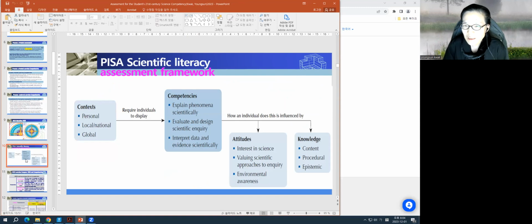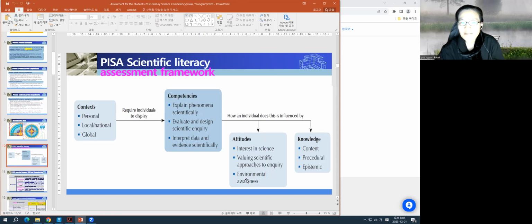Science competency is also called science inquiry competency. If you want to conduct a science inquiry or science investigation, you need to have science background knowledge. Can you see here, background knowledge? And you need to have a scientific attitude.